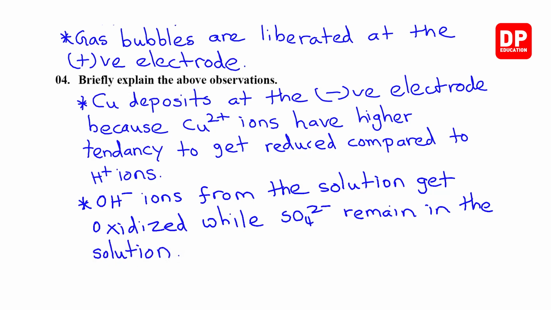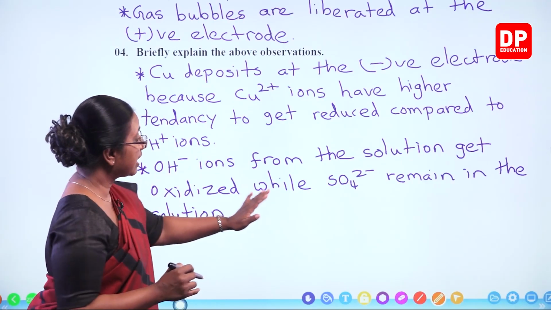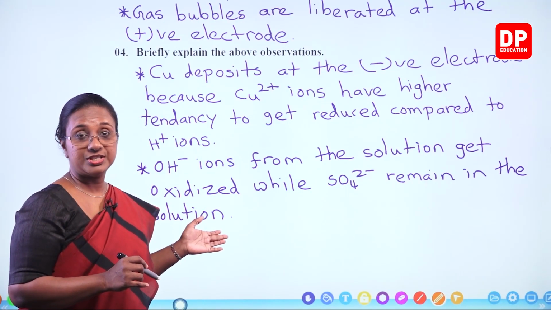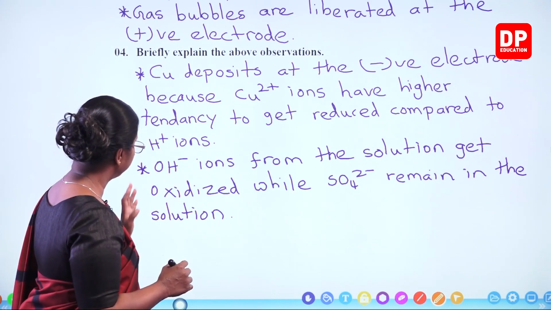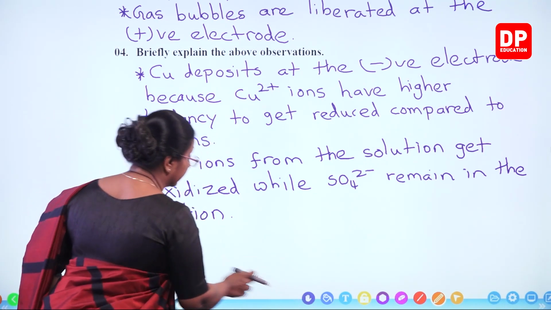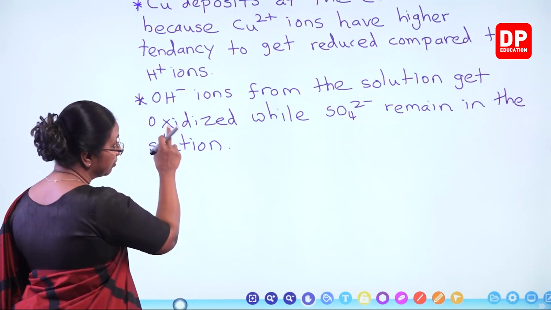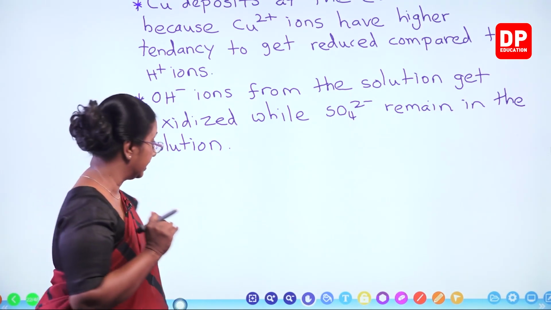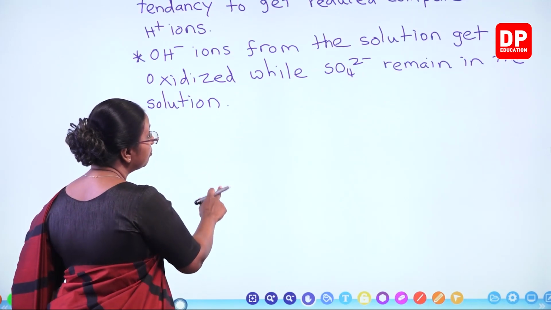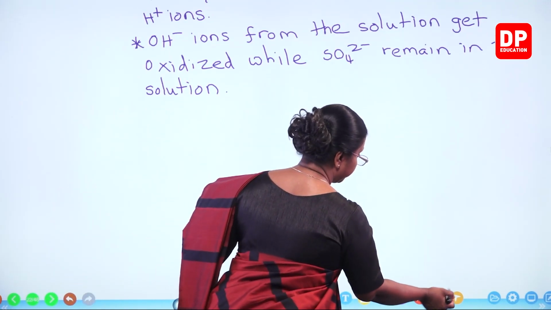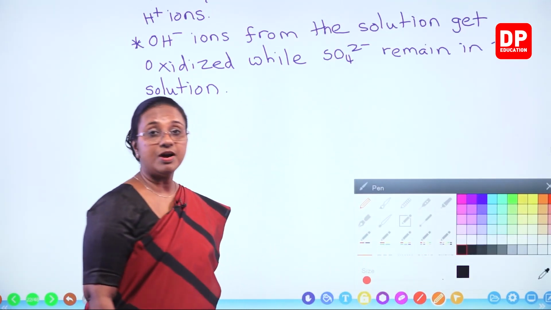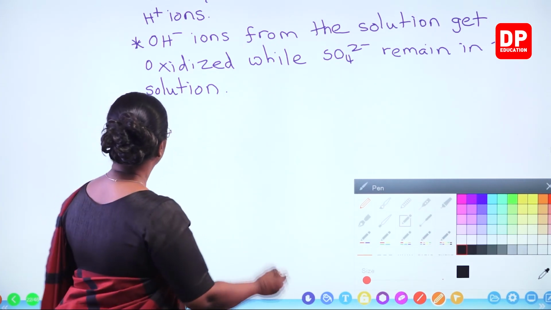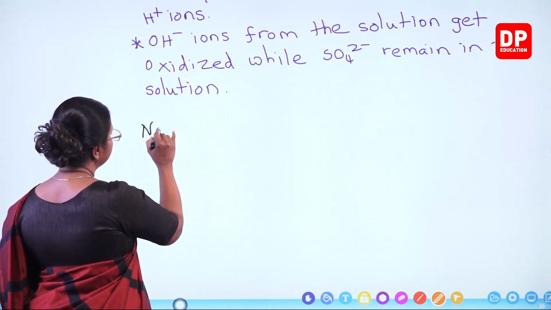So here, of course, we don't explain why sulfate does not get oxidized. That is something you all have to remember. Then, these are the two observations I wrote as the answer. But I told you all the blue color decreases. Now, if you wrote that as the answer, then what will you all write? So, as a note, I will write it here.